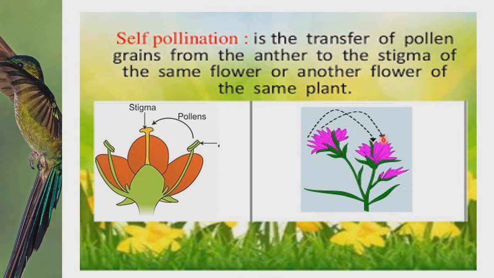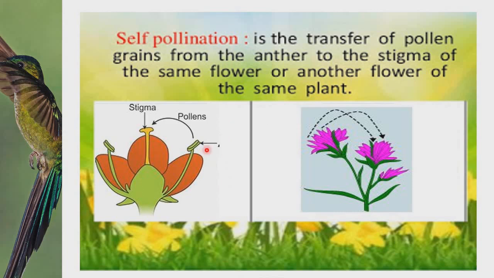The second one is what we have here. The pollen grains move from the anther to the stigma of another flower, but of the same plant. The pollen grain will move from here and land on the stigma here. This is a typical plant, but it has numerous flowers. So the pollen grain moving from one flower to another brings about the second type of self-pollination that we call geitonogamy. Autogamy and geitonogamy are the two types of self-pollination that we have.